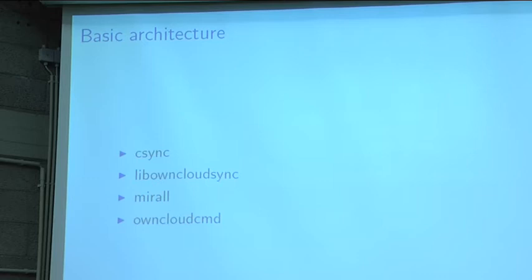And so Enclode took it and decided that it was a good start to do the synchronization client. And then came Miral, the graphical interface on top of that, to have some buttons to configure your folder and to synchronize your file.